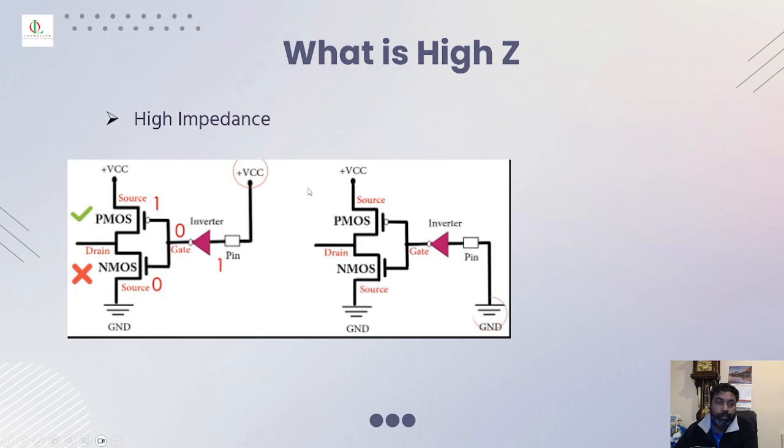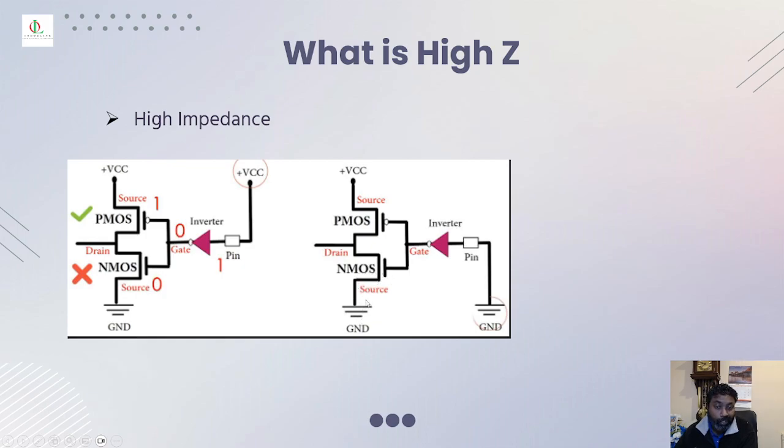What is high impedance? As we were saying earlier, if the input pin is connected as 1, the PMOS gets activated, and whatever value is there, the PMOS will be in operation. NMOS will be off, so NMOS won't be in operation. Whereas if the pin is connected to the ground, NMOS only works when there is a 0. It means if it gets only a 0 value, then it gets active and goes to the ground.